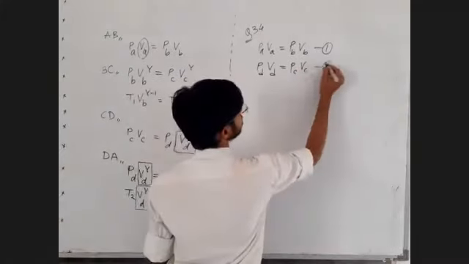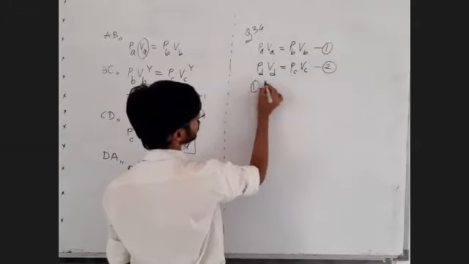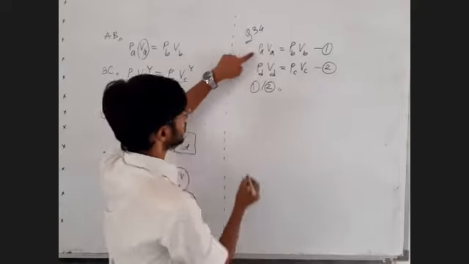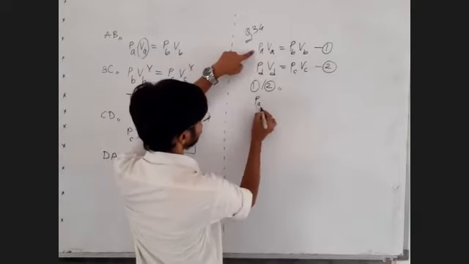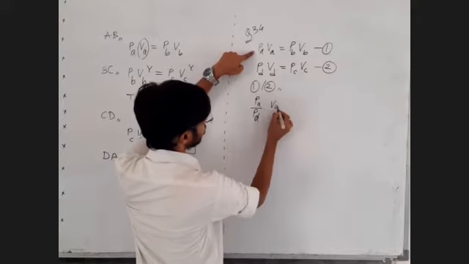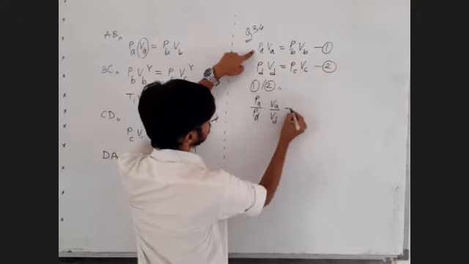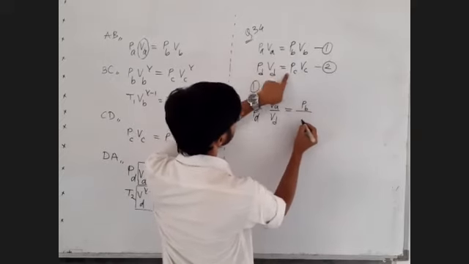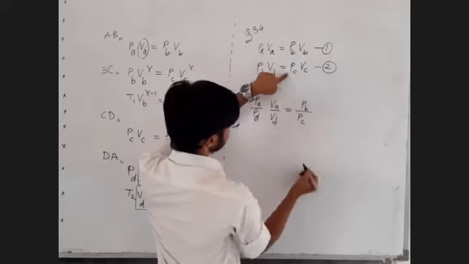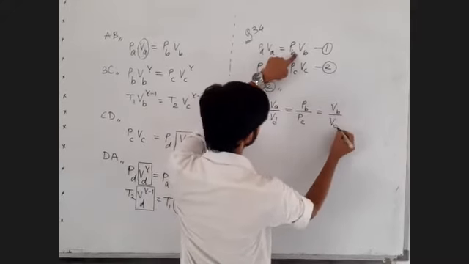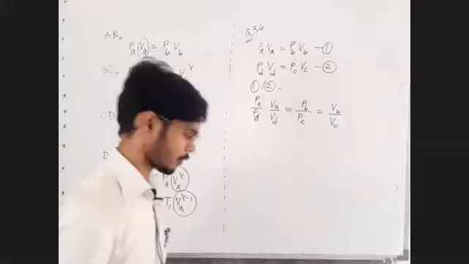We will call this as equation number 2. Now equation 1 upon 2. VA upon VD I can observe here. So PA upon PD multiplied by VA upon VD is equal to PB upon PC multiplied by VB upon VC.